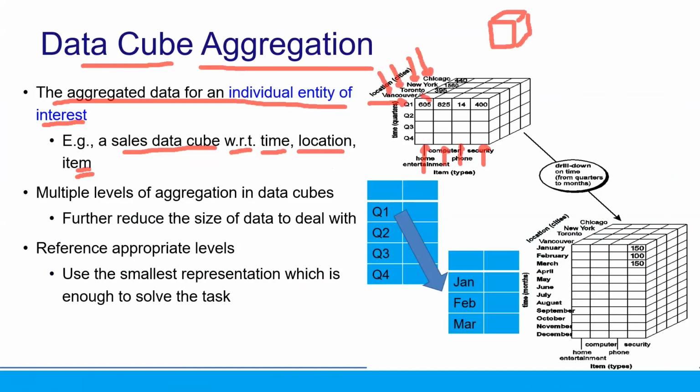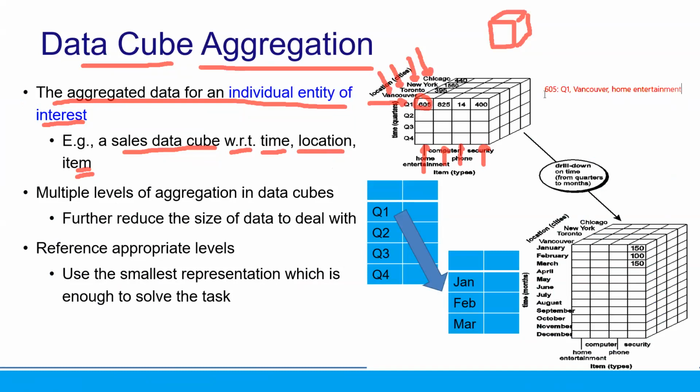If we look at this number, 605, it means there are 605 sales in Q1 in Vancouver with the product home entertainment.